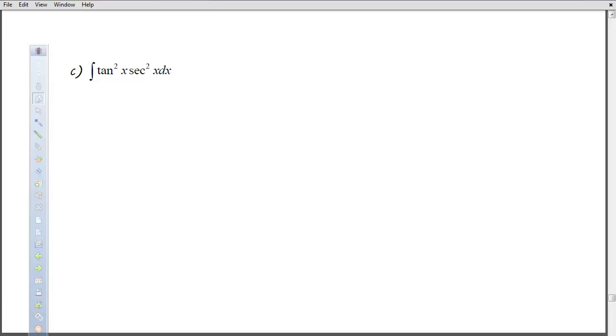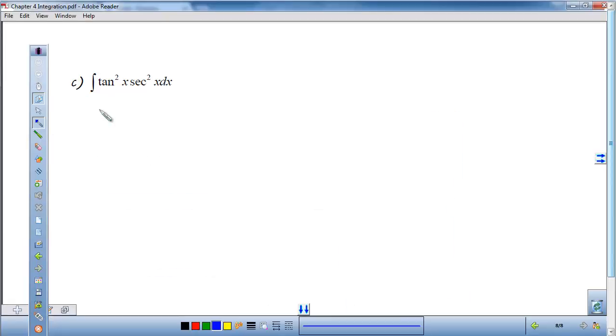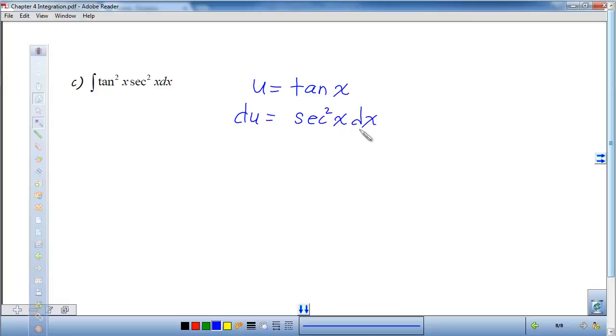Well, I'm going to choose u to be tangent x. The reason why I'm choosing that is because I know the derivative of tangent x is secant squared x dx.